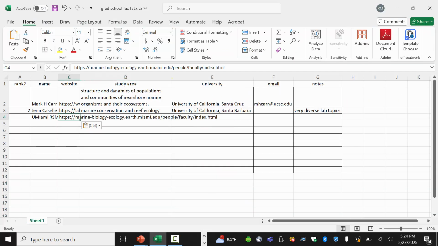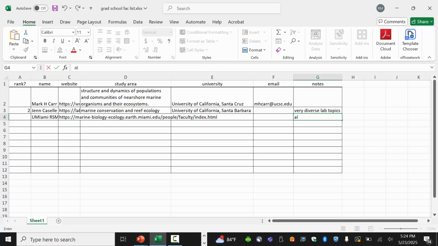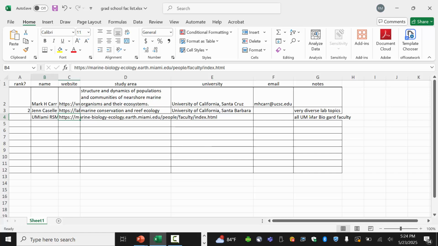And this is going to be something that we're going to look at later. And so notes: this is all U Miami Marine Biology grad faculty. Okay, and this is something I definitely want to take a look at later, maybe look in more detail. So I'm going to give it a 2 again, right? That's just sort of my arbitrary ranking.